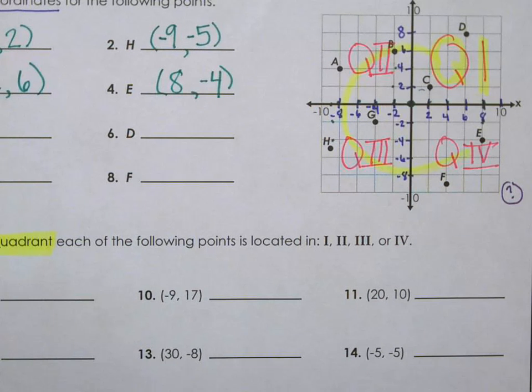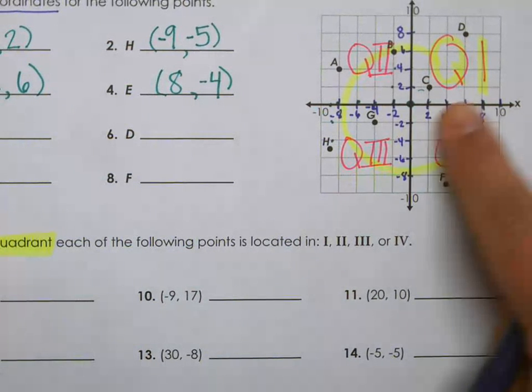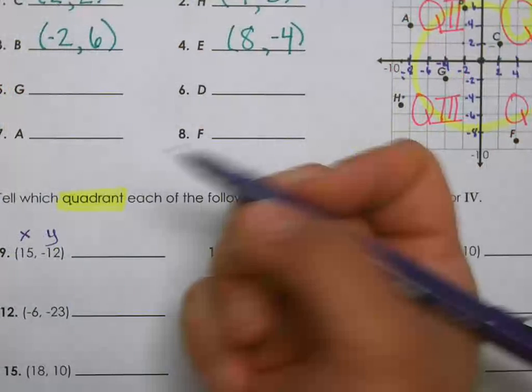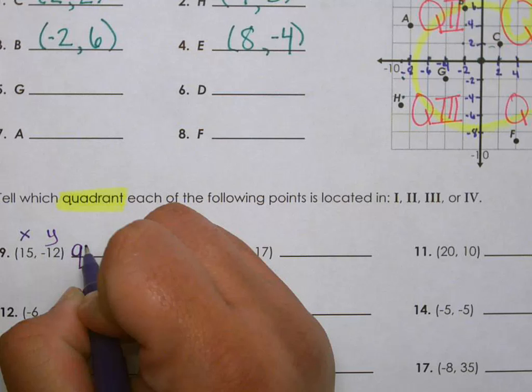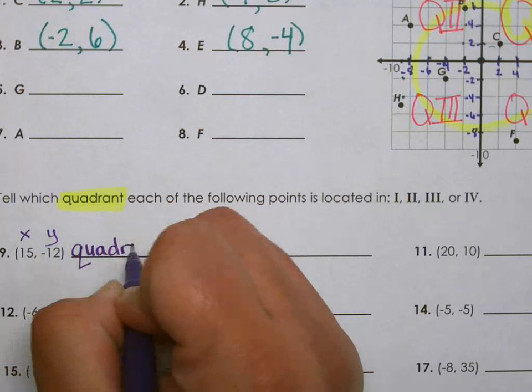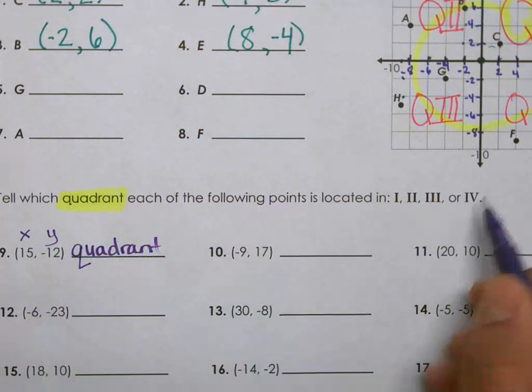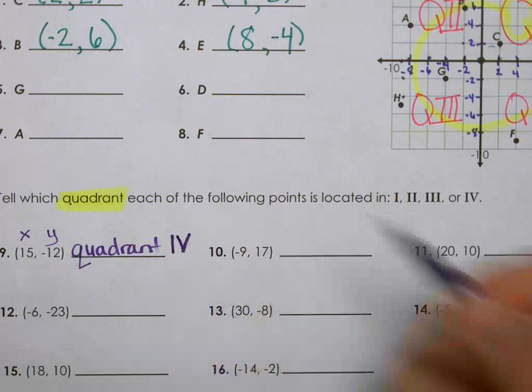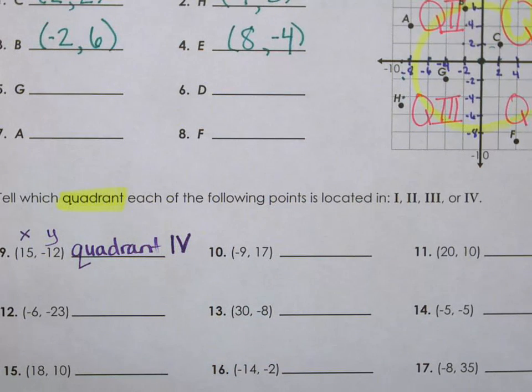So what quadrant would that be in? That would be in quadrant 4, right here with the rest of these points here. So in our answer, we would write the word quadrant, and then the Roman numeral for 4 looks like a 1 and then the letter V, quadrant 4, okay?